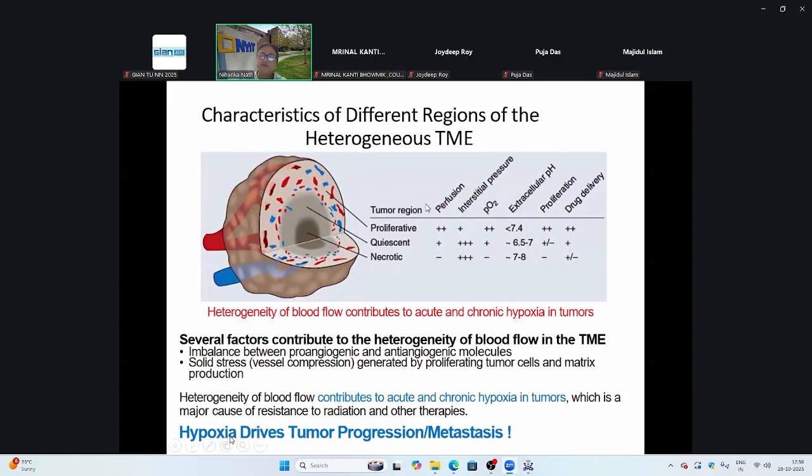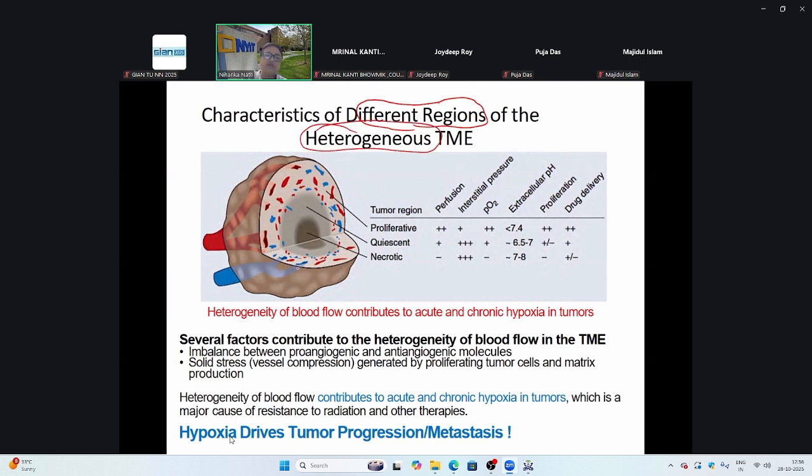Now here's something really, really different. What is happening here is that the tumor itself has regions of different types. The different regions of the tumor are heterogeneous.